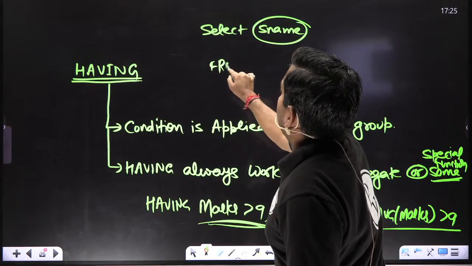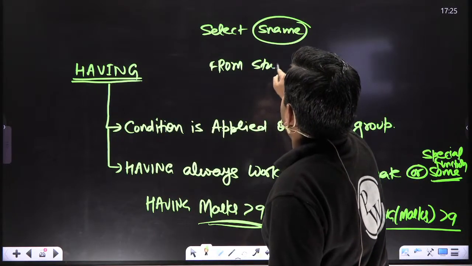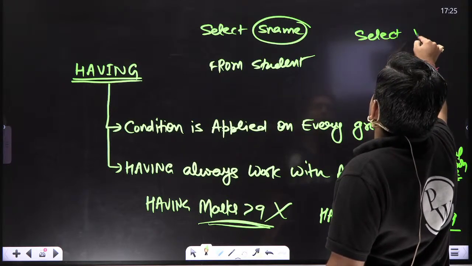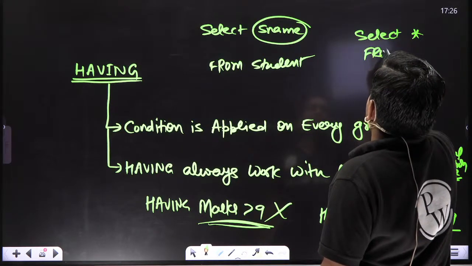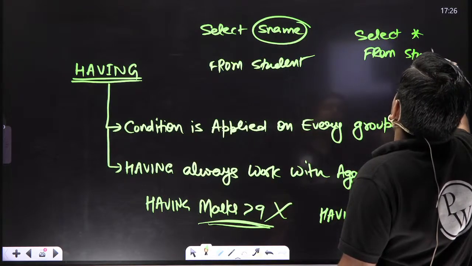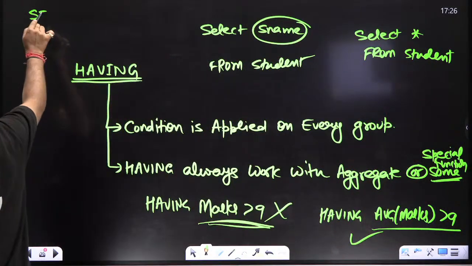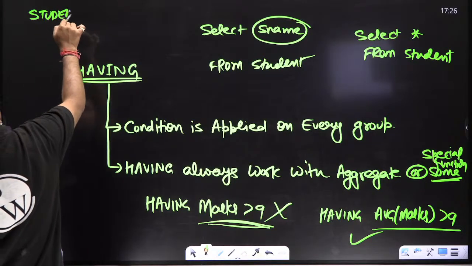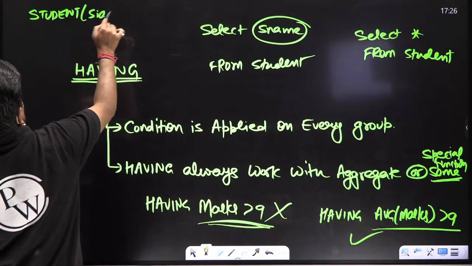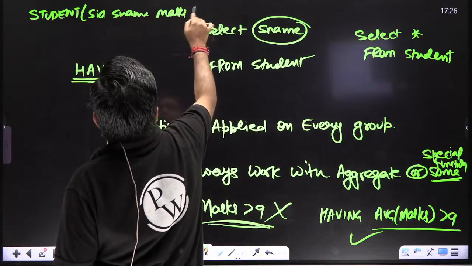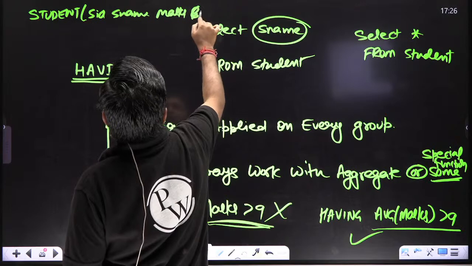But when you write SELECT * FROM student, whatever attributes the table contains, for example SID, S name, marks, gender or branch, you get all of them.